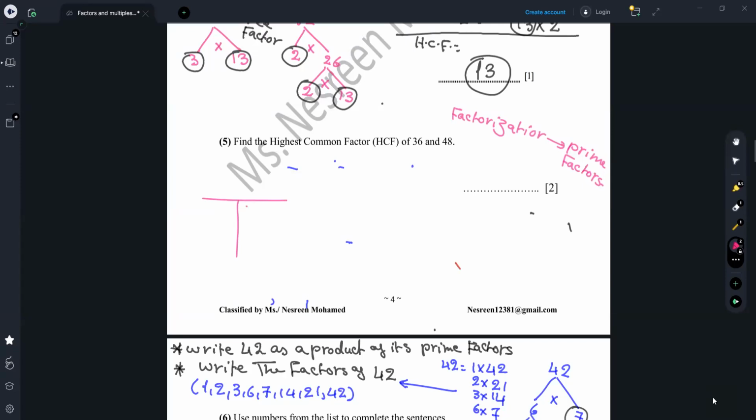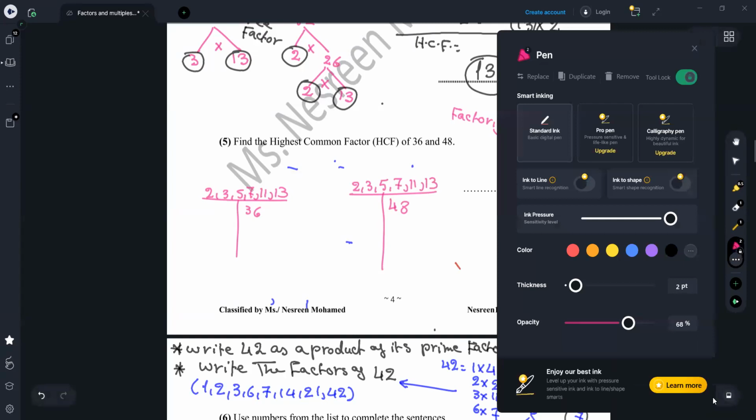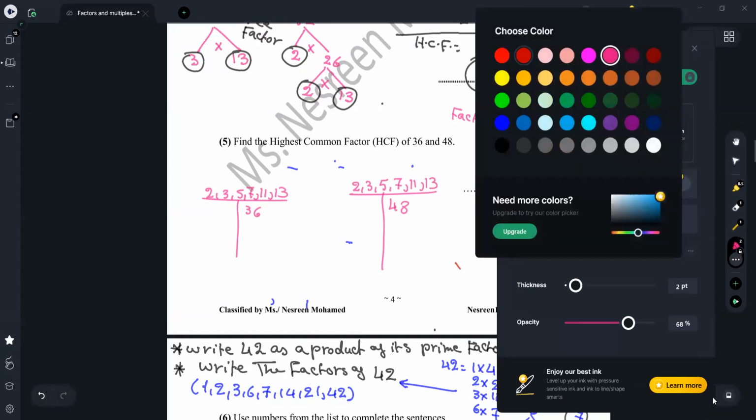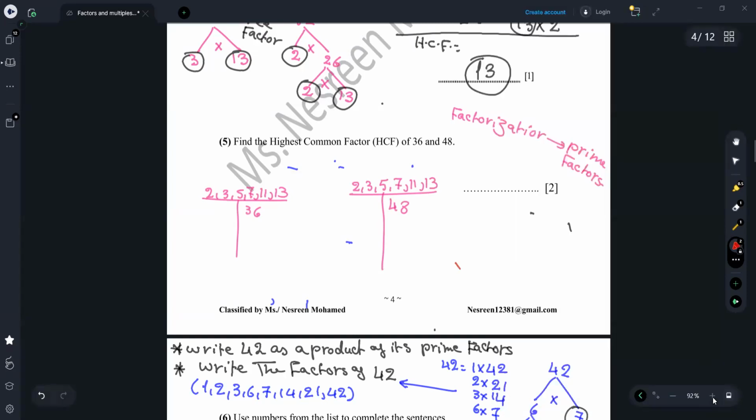We will put here the 36 and let the prime numbers here be 2, 3, 5, 7, 11, 13, and so on. Here the 48, with the same prime numbers. 36 divided by 2 is 18. 18 divided by 2.